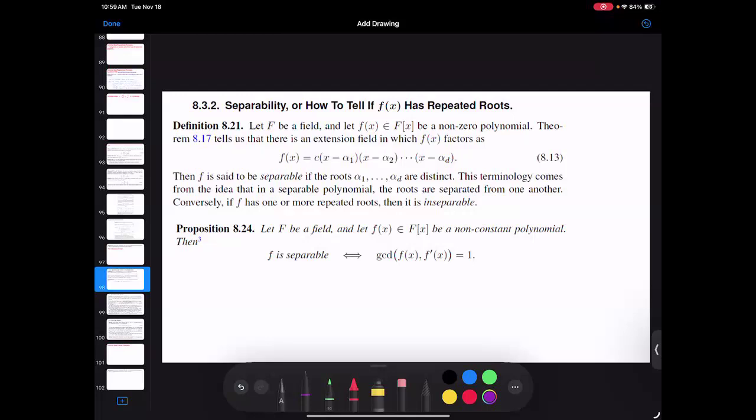And there are tests that you can do. And a lot of it depends on what you're looking at. But one thing that's really nice is if you have a repeated root, not only should alpha be a root of f, but what should alpha also be a root of?